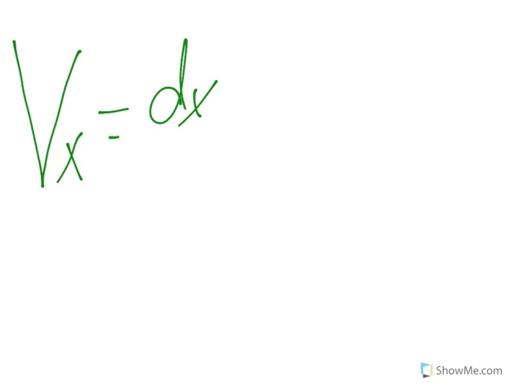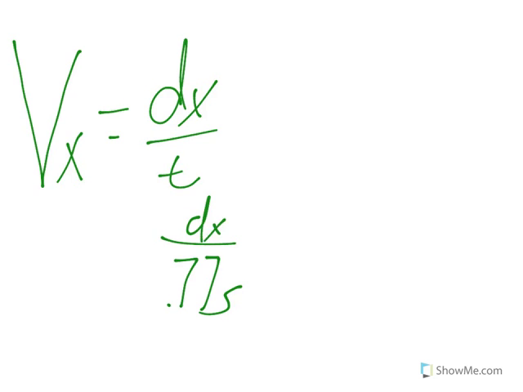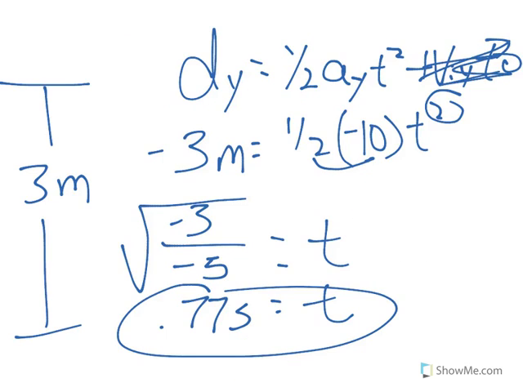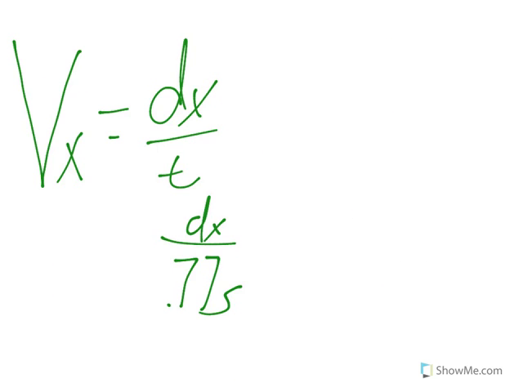If you'll remember your formula, the velocity in the x is equal to the distance in the x divided by time. So the time is 0.77 seconds, dx is unknown, and the velocity in the x was 7 meters per second. So 7 meters per second equals dx divided by 0.77.